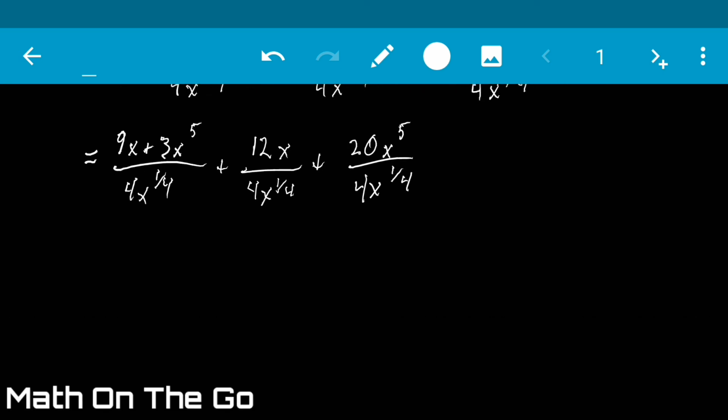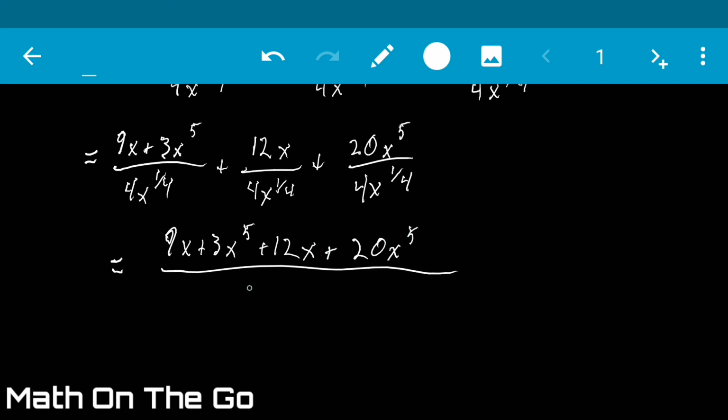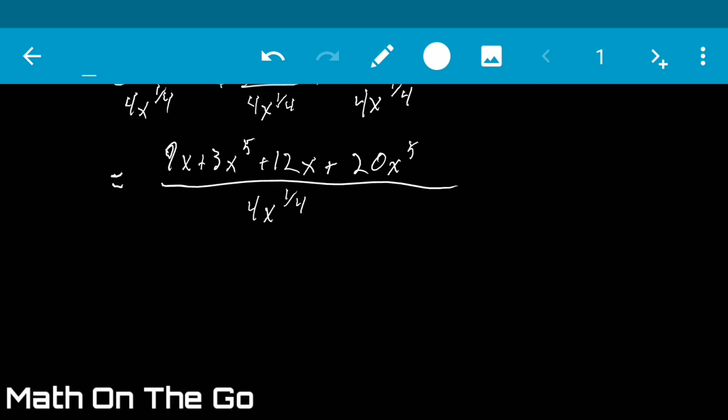All right, continue on with cleaning it up. Let's just put all the numerator together over one denominator. So we have 9x plus 3x to the 5th plus 12x plus 20x to the 5th. All of that is over 4x to the 1/4. Now we just clean up that numerator and then we are done.